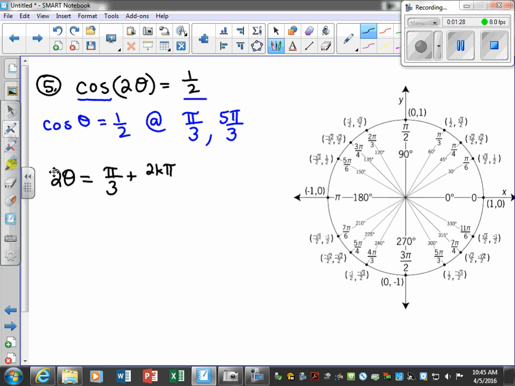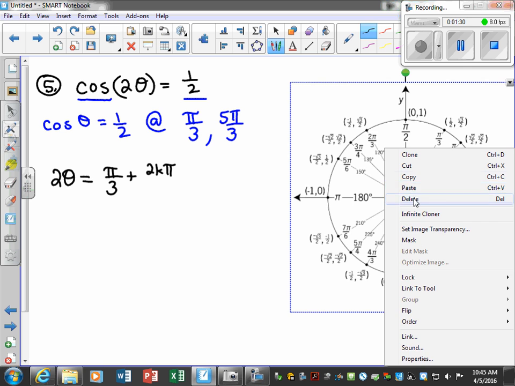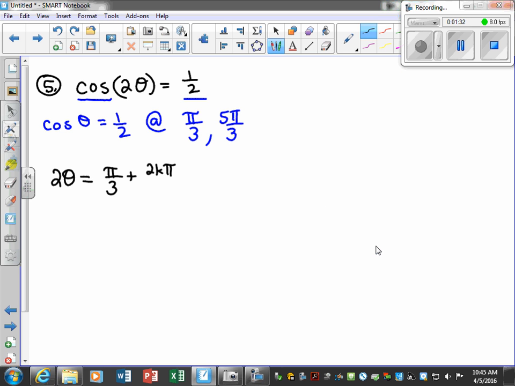That's one we'll have to find. What's the other one? 2 theta is equal to 5 pi over 3, and we also account for multiple trips around 2 pi.